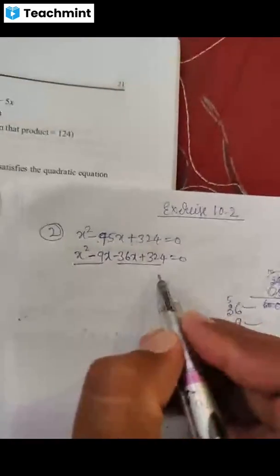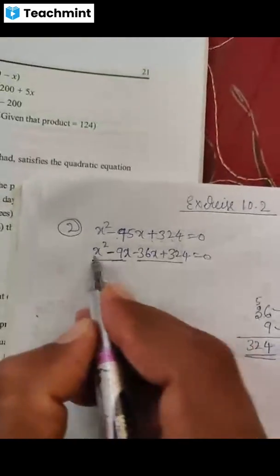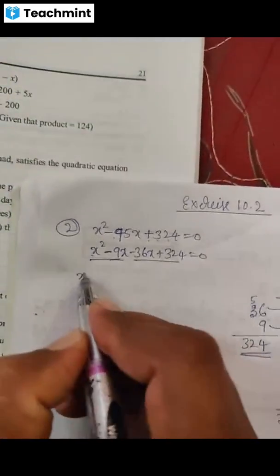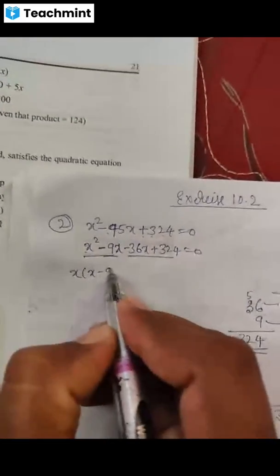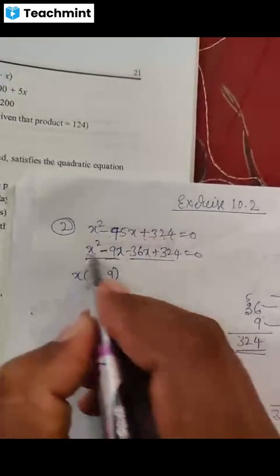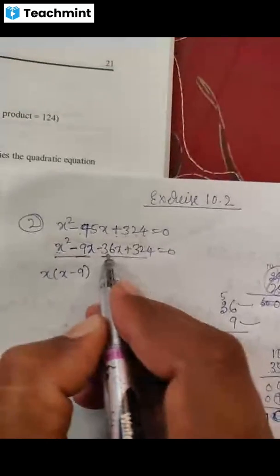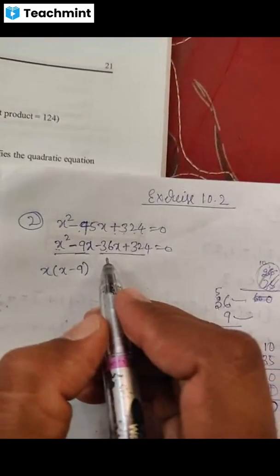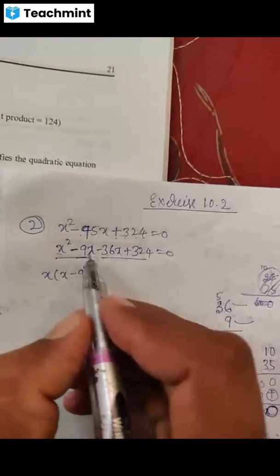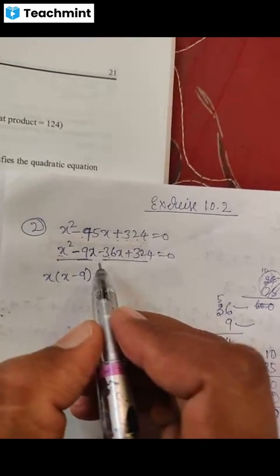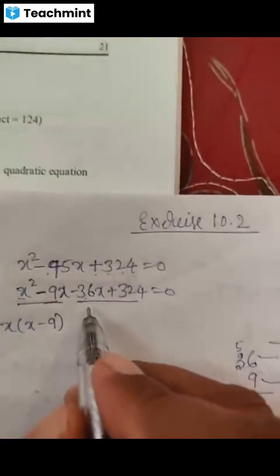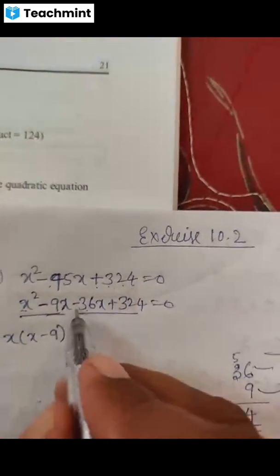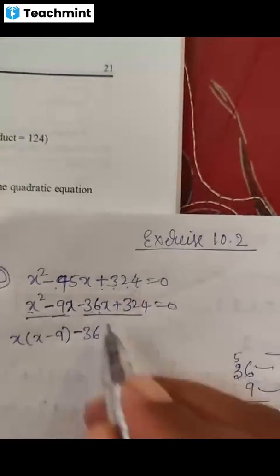So take the factors. In these terms, what is common? x is common, and x minus 9 will remain in the bracket. Here, minus 36 is commonly taken out.